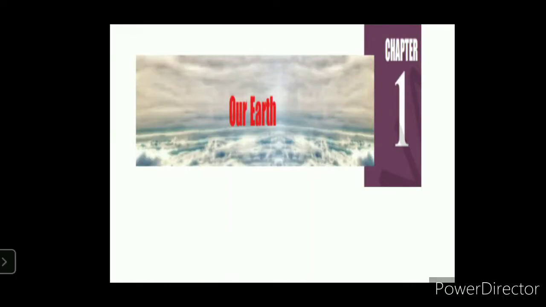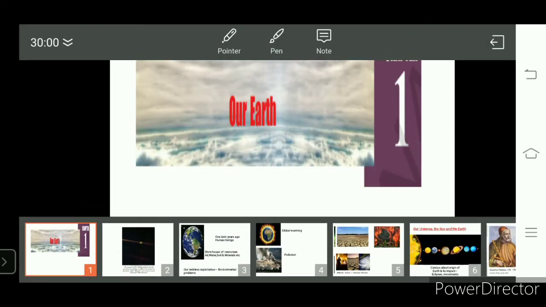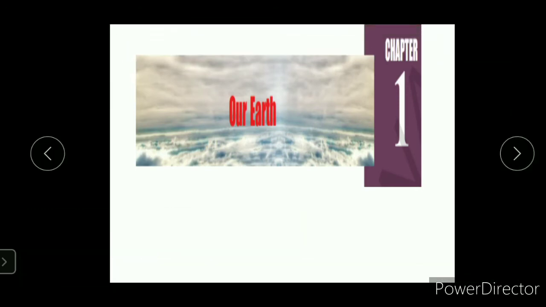This is chapter 1, our Earth. Here we'll see what our Earth is and how it is useful to us, what the resources provided by the Earth are, and what has been done to the Earth in using those resources.